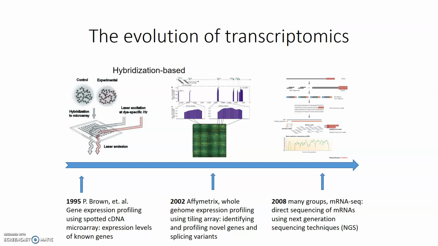In 2002, this kind of graduated to whole genome expression profiling, and now in the modern day, we usually do RNA-seq, and that's using that next generation sequencing technology to allow us to look at gene expression on a transcriptome-wide scale.